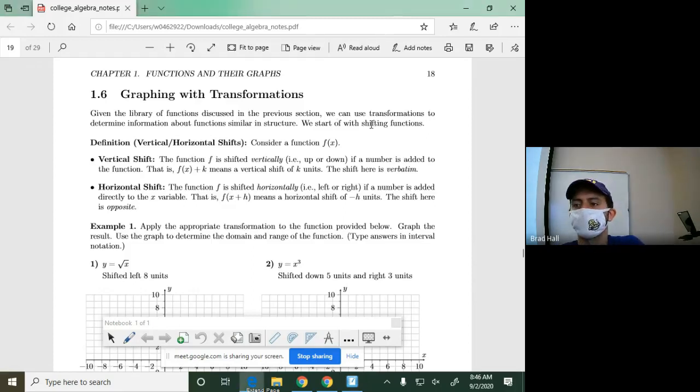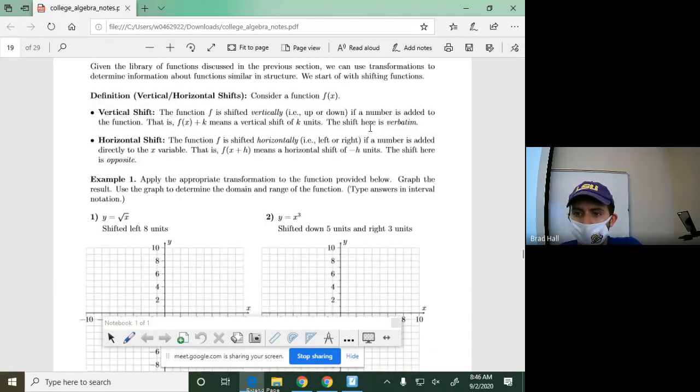Again, it's another idea, thinking about how graphs are associated with functions. And we're going to start off with how you would shift a function. Of course, there's two types of shifts. You could go left or right, or you can go up and down. That's the sort of shifting that we can do, relative to the cardinal directions. Visually that makes sense.